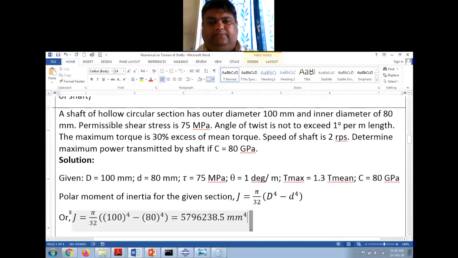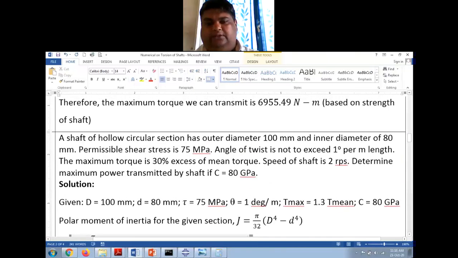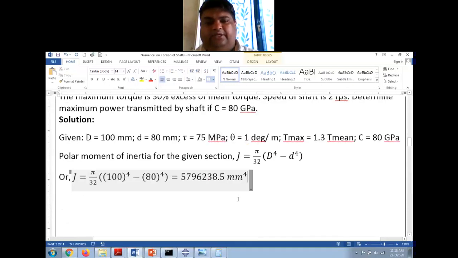Now in this, see, whenever theta is given, angle of twist, and permissible shear stress is given, we have to find the torque that can be transmitted based on strength, that is based on the stress, shear stress, and also based on rigidity, where we consider this angle of twist, right?